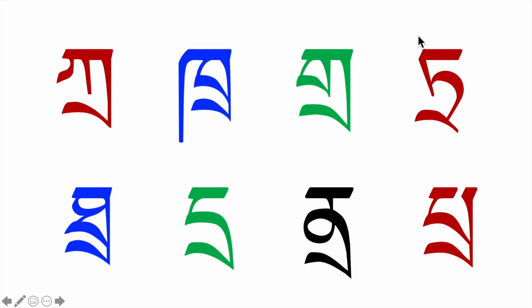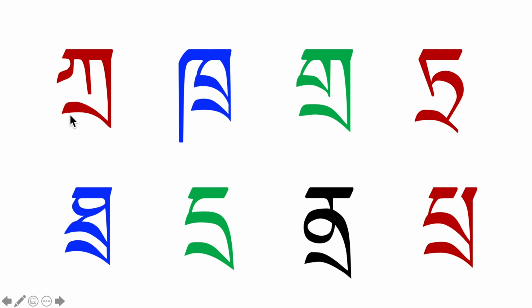So here the red color ka, ta, pa are the same sound. And the blue is the same sound, and green is the same sound. Just keep that in mind.